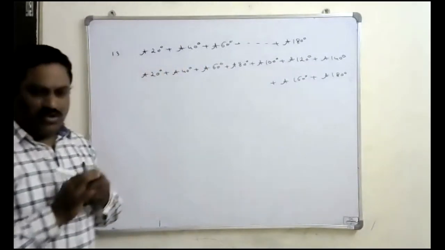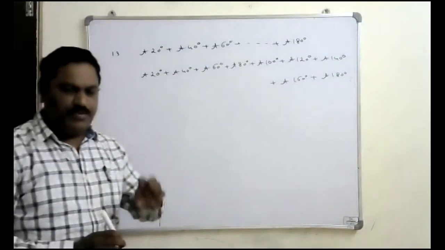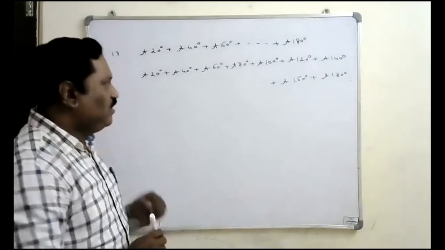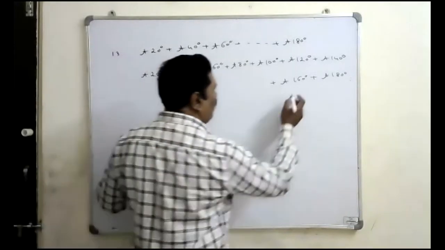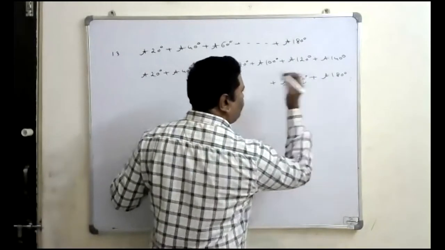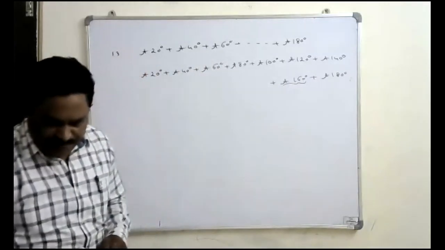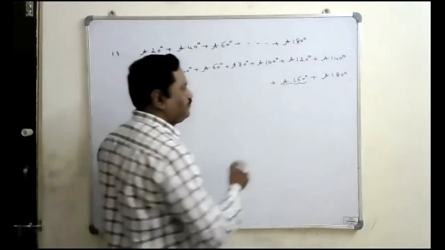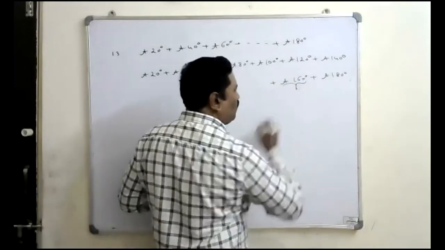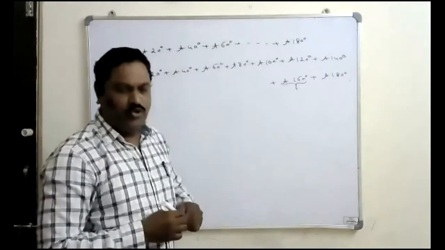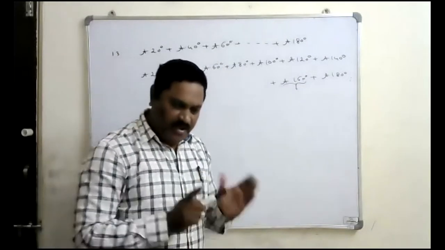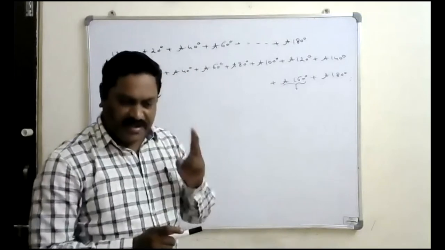These are the total terms. All the angles are multiples of 20. Now here if you observe the last but one angle, 160, how do you write 160? 180 minus 20. 180 minus is an angle of the second quadrant.